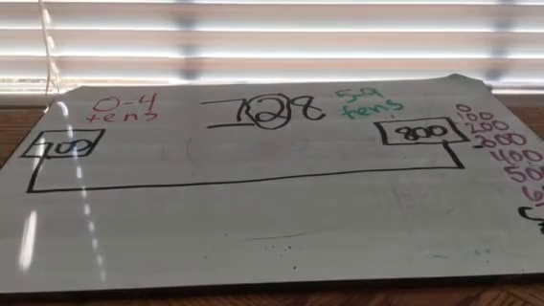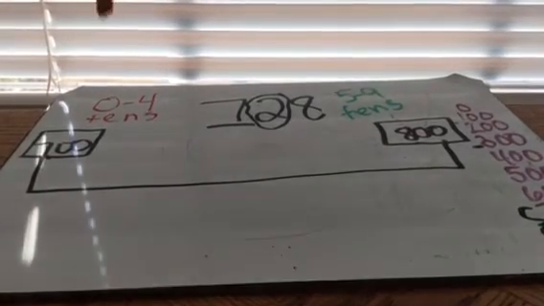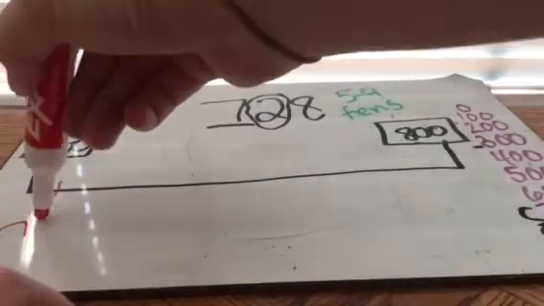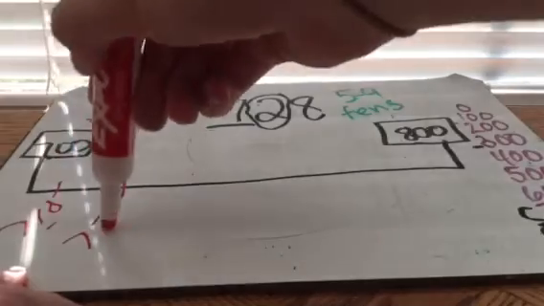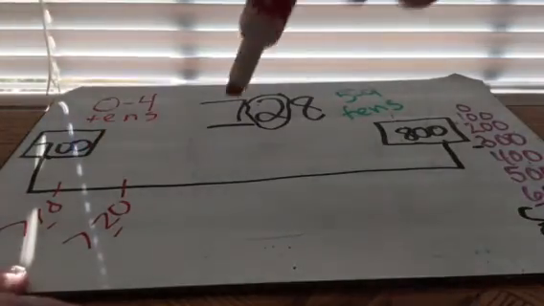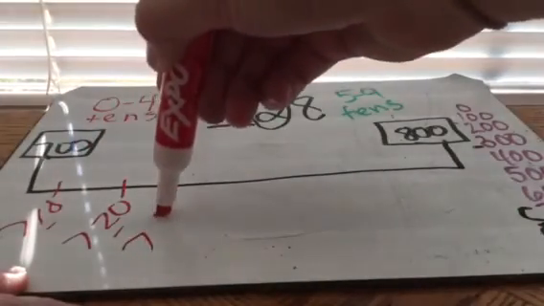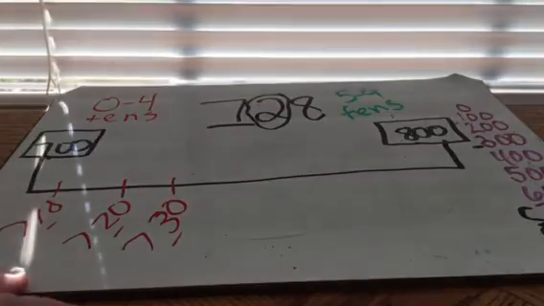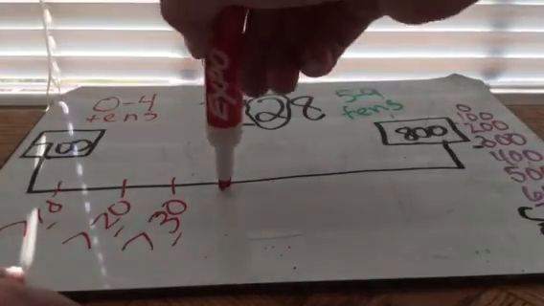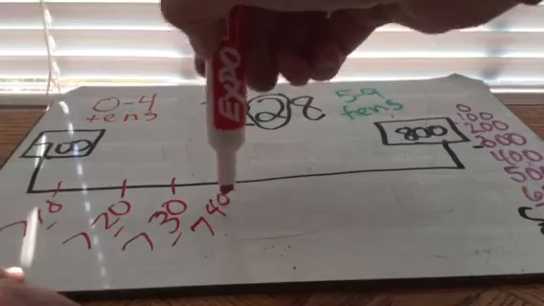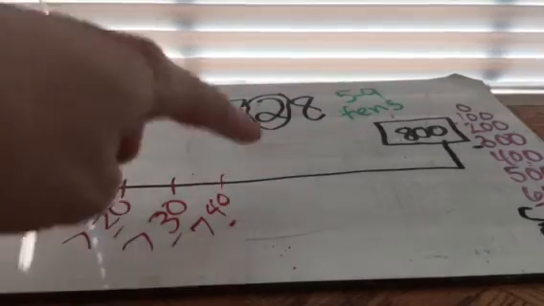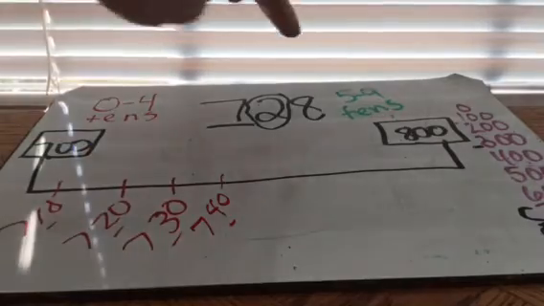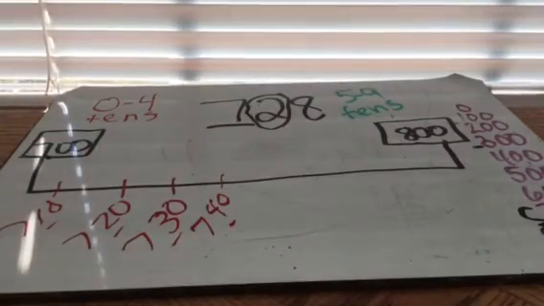Okay, so 700, 710, that's 1 ten, 720, 2 tens, 730, 3 tens, 740. Now I have my 4 tens, so I'm now going to go to green because 5 tens.